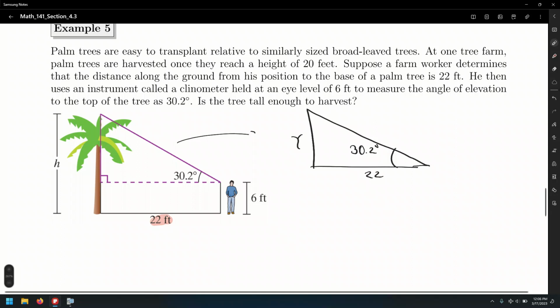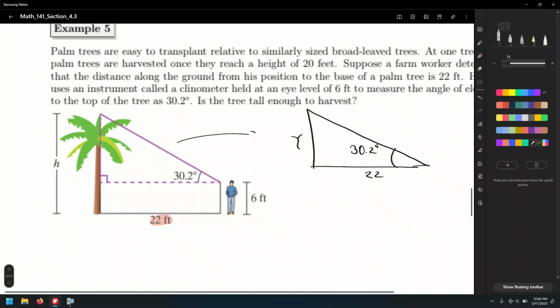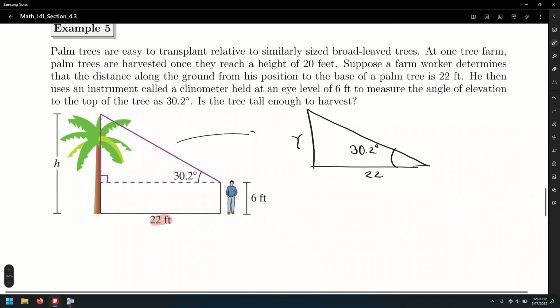Tangent, right? The tangent of theta equals opposite over adjacent.